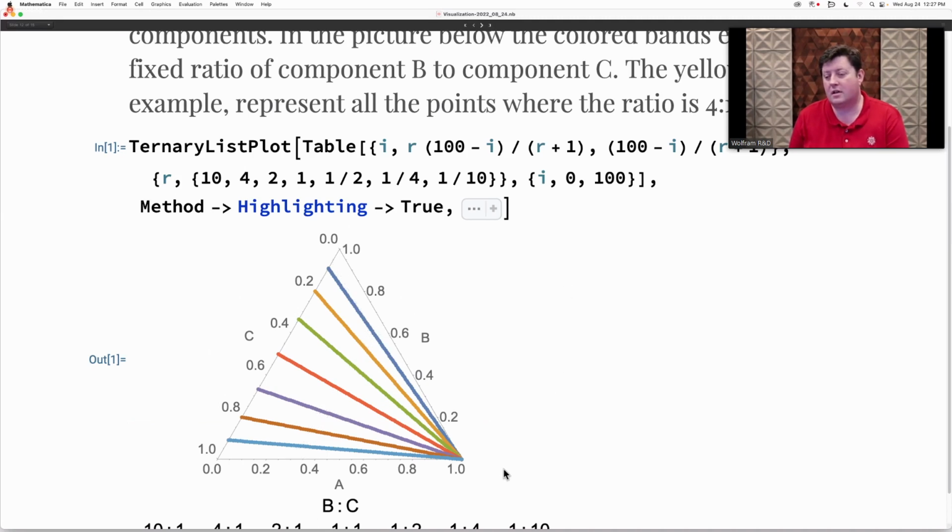So here, each of these sets of points is showing a constant ratio of component B to component C. And so like if we take this point here, this is about 35% C, and it is about 70%-ish of B and 0 A.